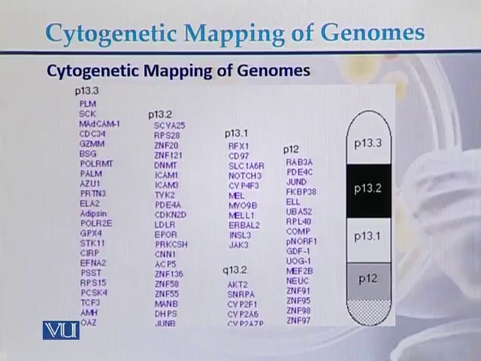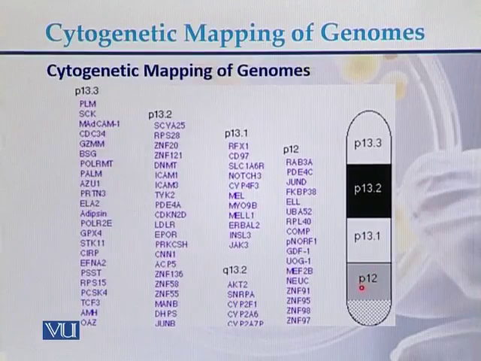This is the pictorial view of the cytogenetic map of the genome, in which we can see that there are different stained fragments of the chromosome, that is P12, P13.1, P13.2, P13.3. So these are the dark and light bands.